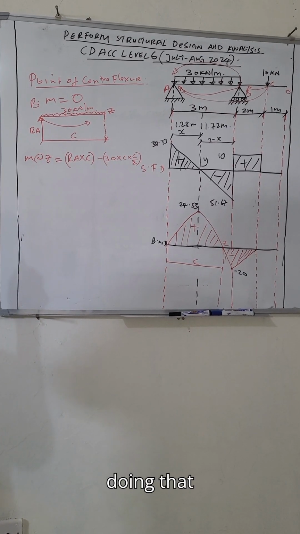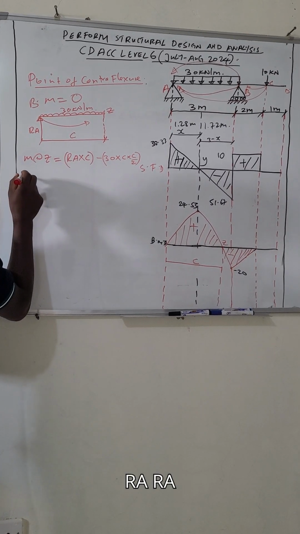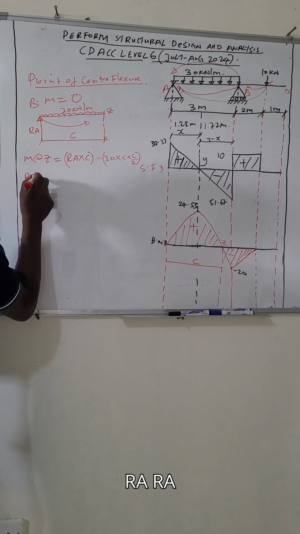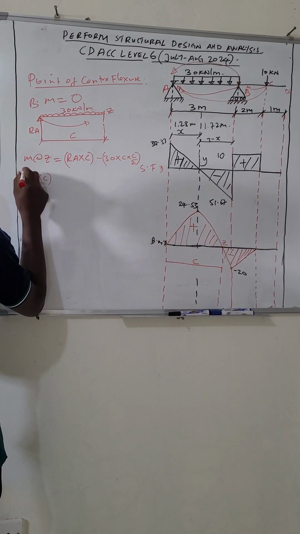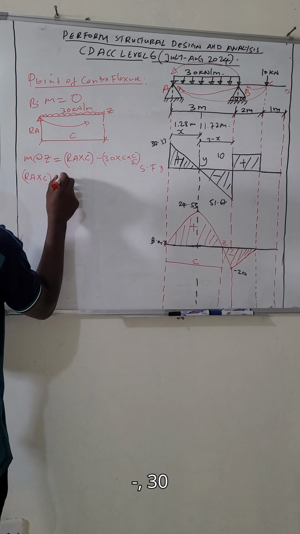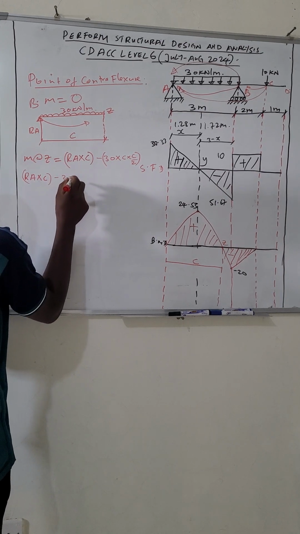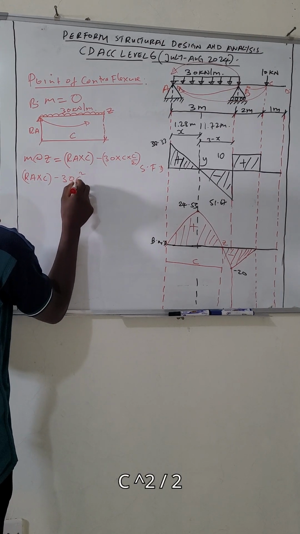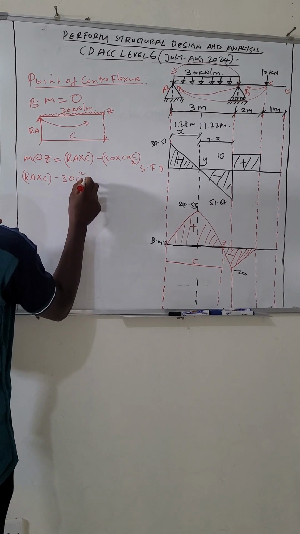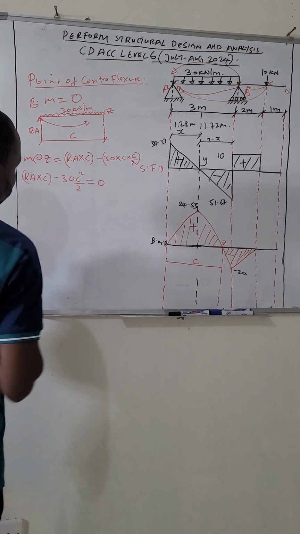By doing that, we'll say that RA times C minus 30C squared over 2 should give you 0.